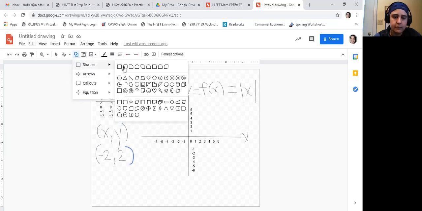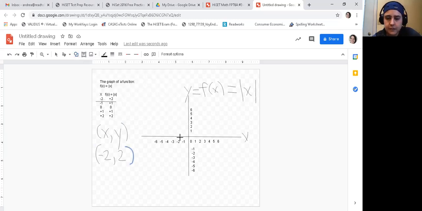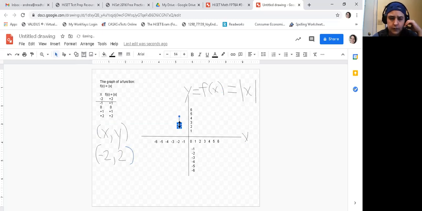Maybe we'll use a circle for this. Okay, so at x equals -2, over here 2 steps to the left of 0, and y equals +2, I might have a point right about here. Let me shift this just to make sure it's lined up the way I want it.